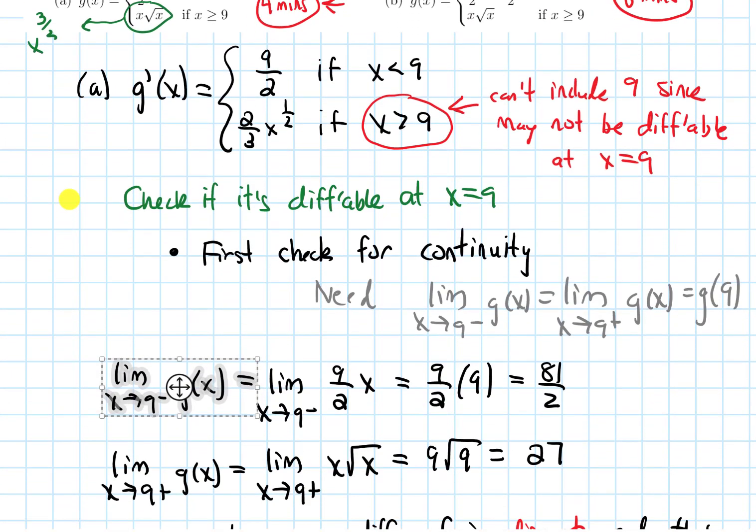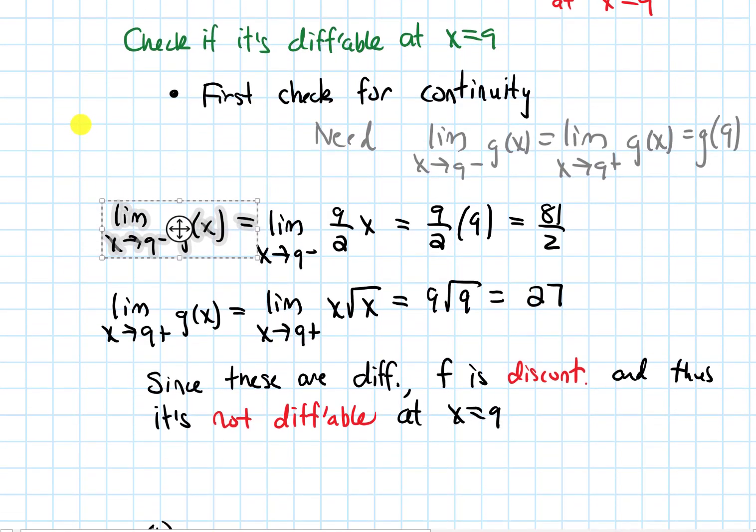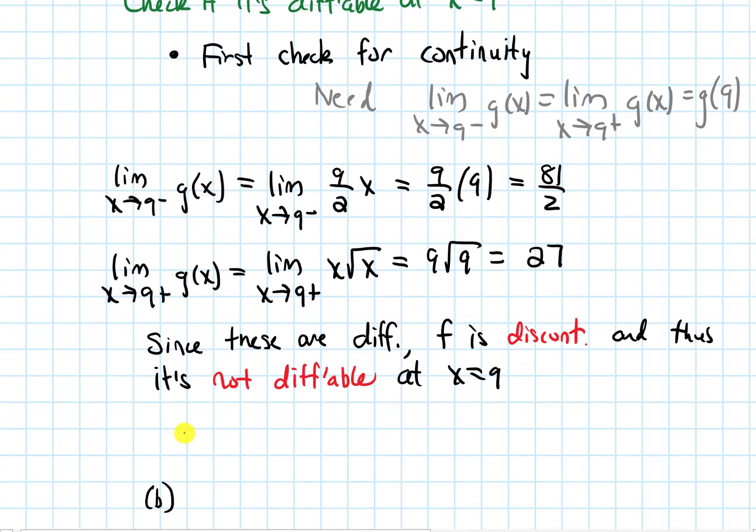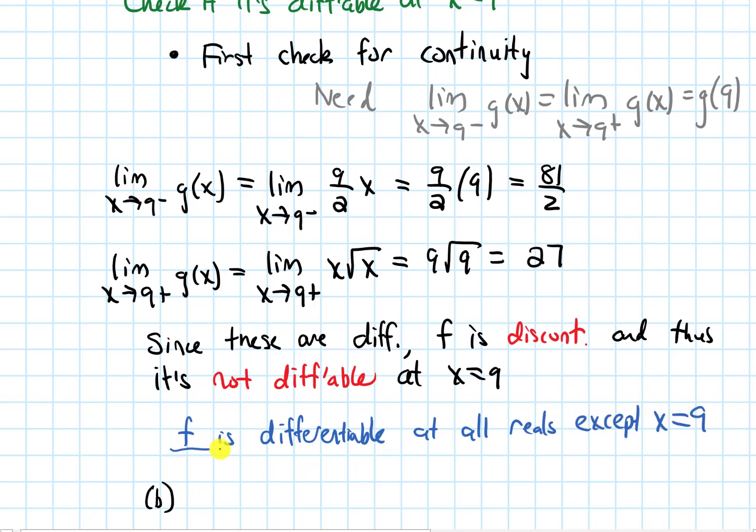The only place I had to worry about was at 9. And I see that now it's not differentiable at 9. So the answer here is that f is differentiable at all reals except x equals 9, and that is our answer.